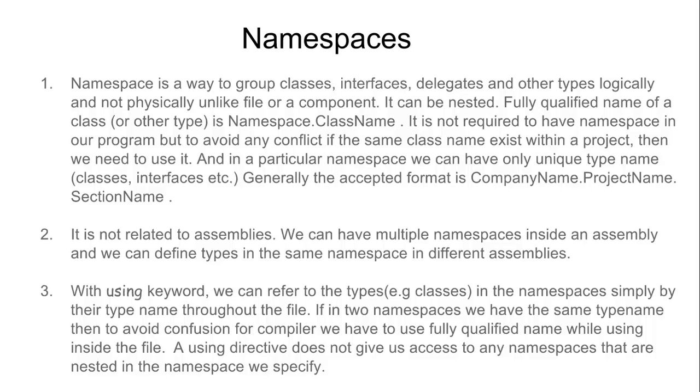And generally the accepted format is company name dot project name dot section name. In your company, more than one project might be running.